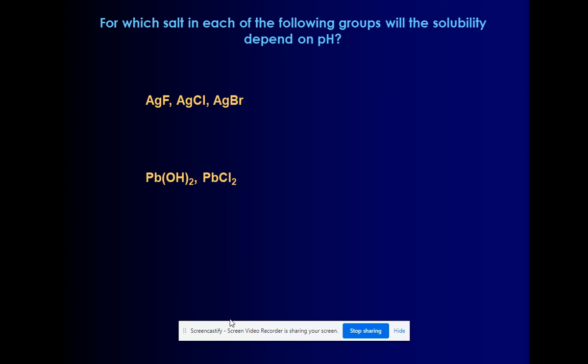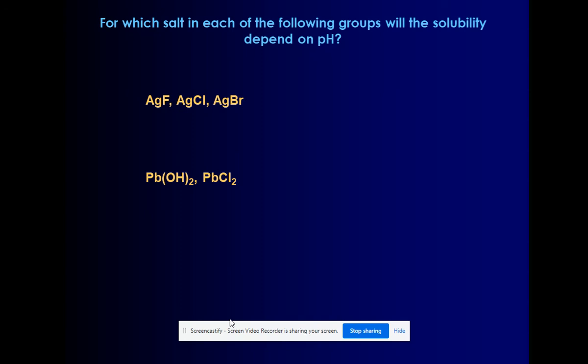So with our first three, they all contain silver. So silver is a transition metal. It's not going to be influenced by pH. We saw that metals in general, other than highly charged metals, aluminum, iron, copper, things like that, but silver is not one of those that's influenced by pH.